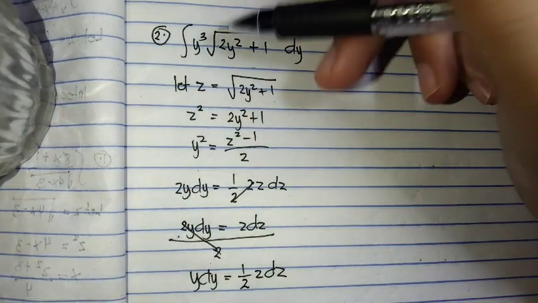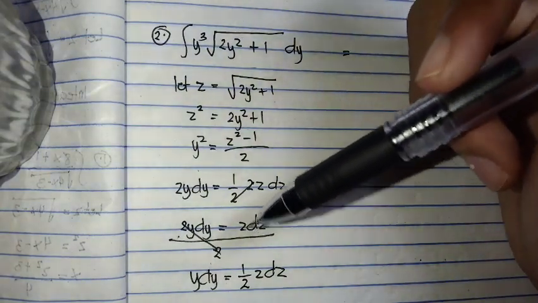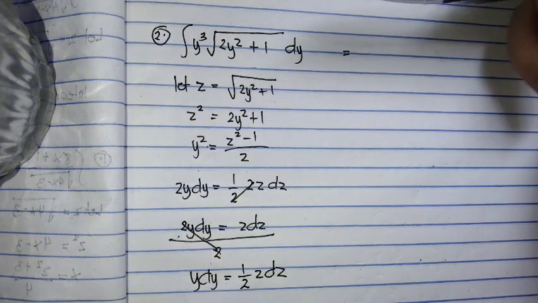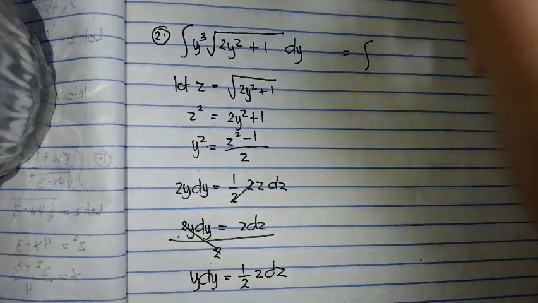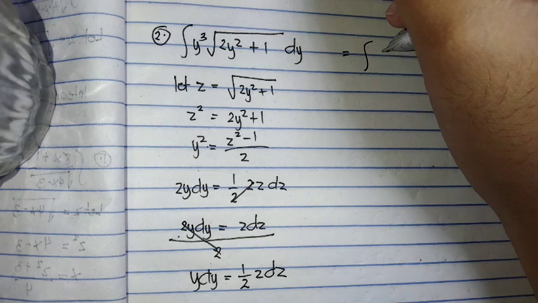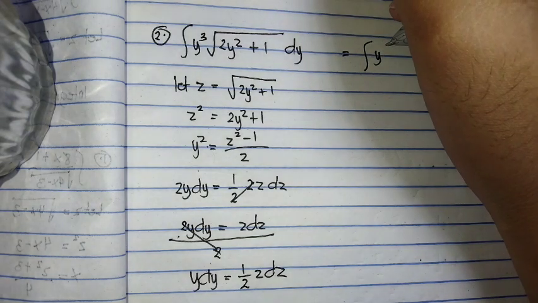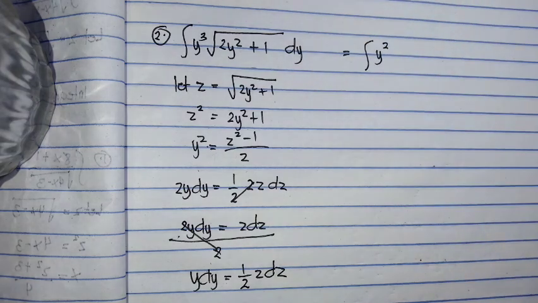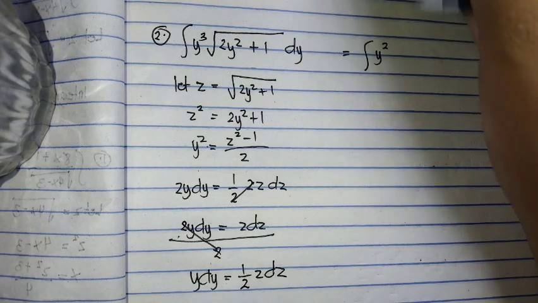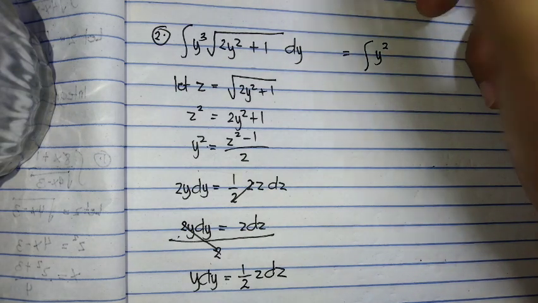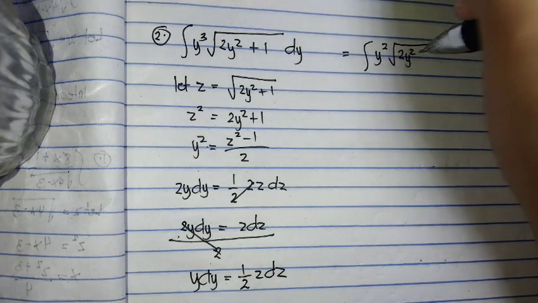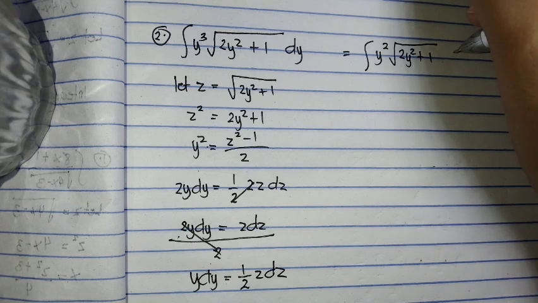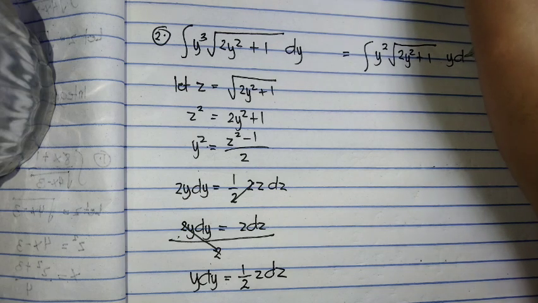Since this is y cubed and we only have y squared in here, we need y squared times the square root of 2y squared plus 1 and y dy.